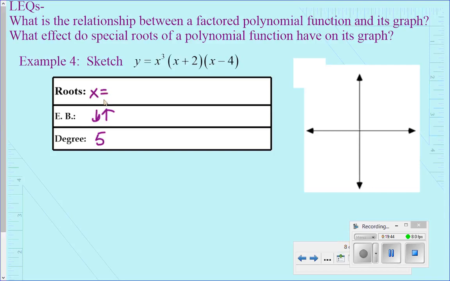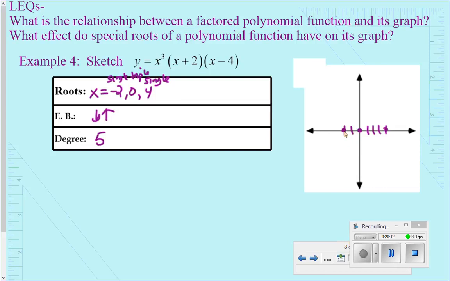Looks like -2 is my smallest, then 0, and then 4 coming from those factors. -2 and 4 are singles, and 0 is a triple. So let me plot those. So at -2, putting a point, 0, putting a point, +4, putting a point.